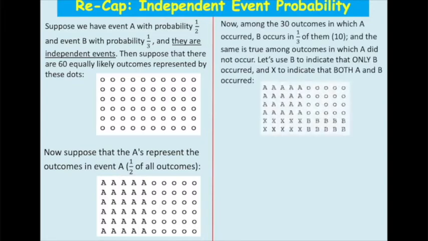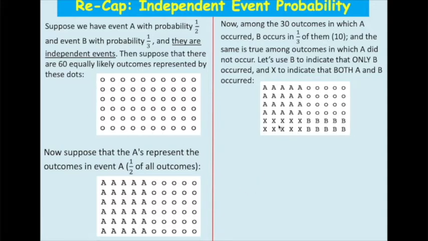Similarly, the probability of event B is 1/3, therefore 1/3 of this sample space belongs to B. So there are 20 B's and 30 A's. Remember, the entire set of dots is 60.